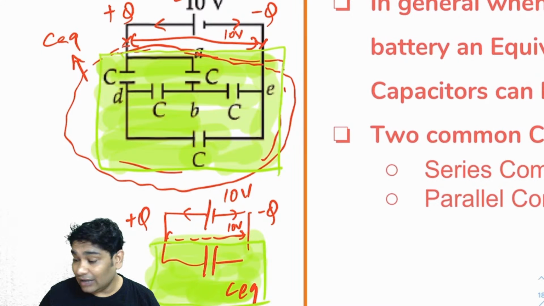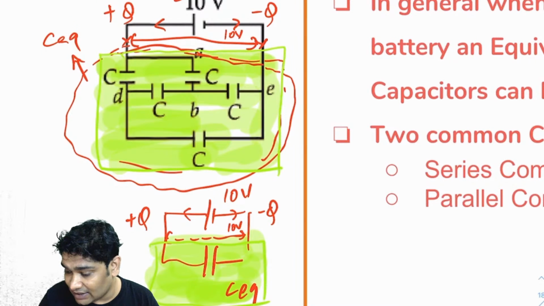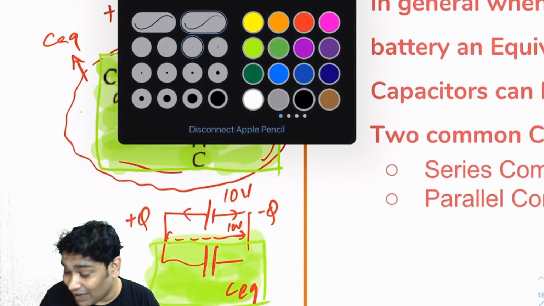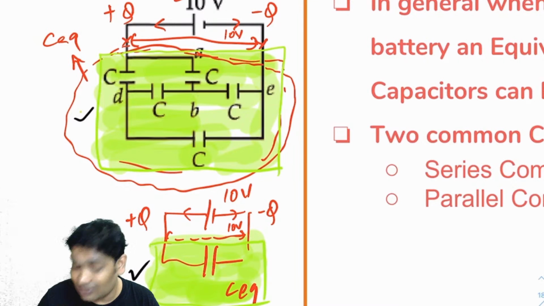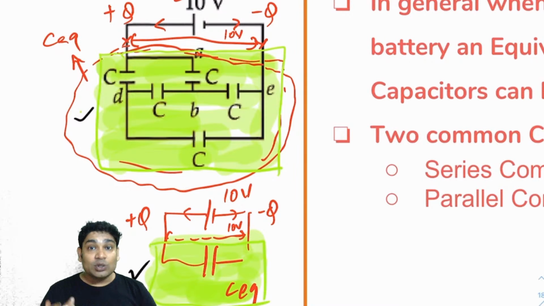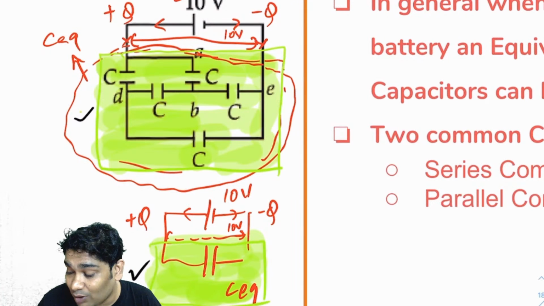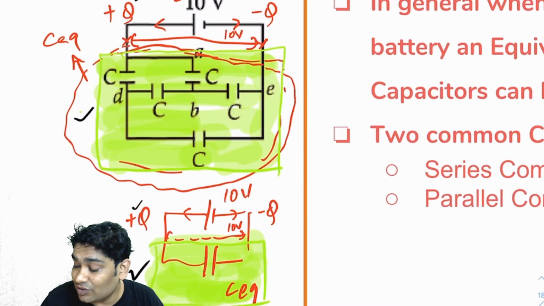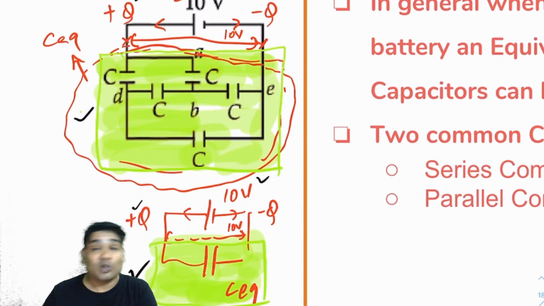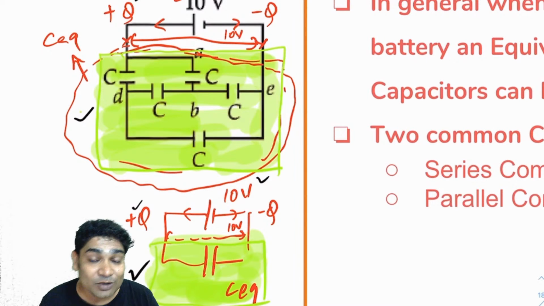Equivalent means that whatever effects this setup is producing, the effects produced by this should be identical to the effects produced by this. So if I don't get to see which configuration I have outside, all the effects should be the same. When connected to the same battery, these two should be drawing the same amount of charge, storing the same amount of energy, having the same potential difference across. So everything should be identical.